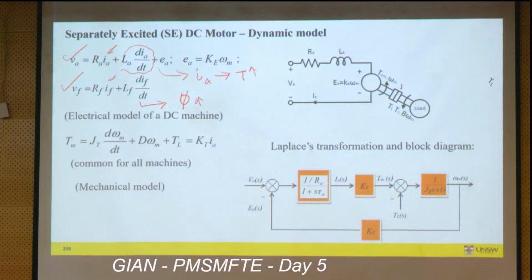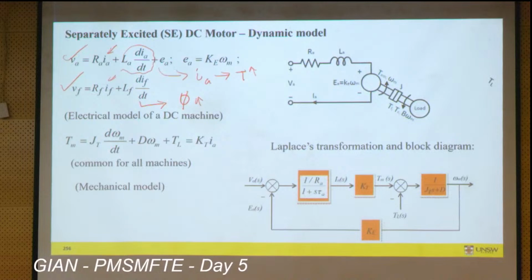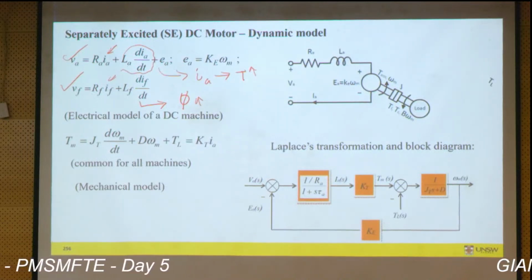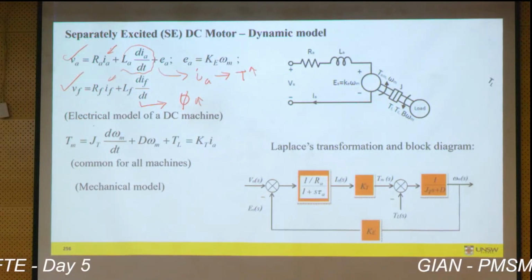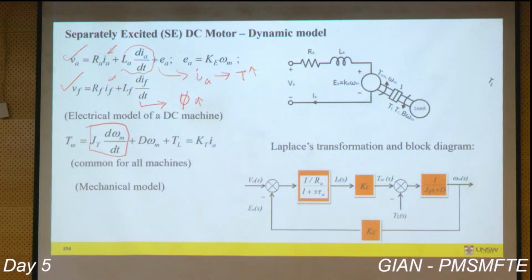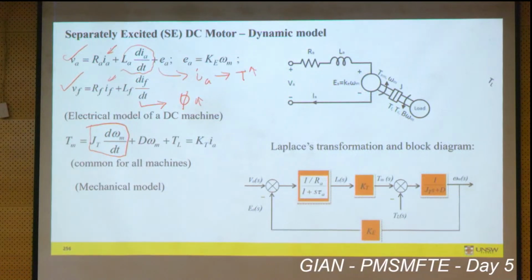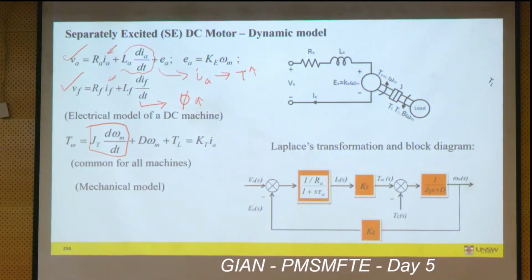But if we want to analyze the transient response of a DC motor, we still have to consider the di/dt and dIf/dt, and our torque equation also has a differential term, right? Acceleration is a time varying quantity, so it's also a differential equation.